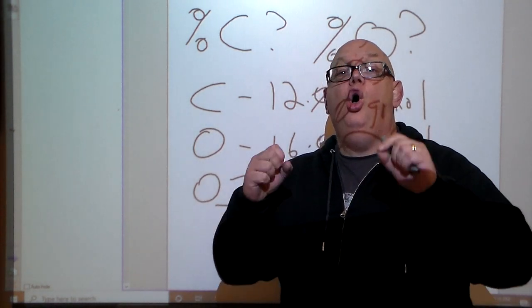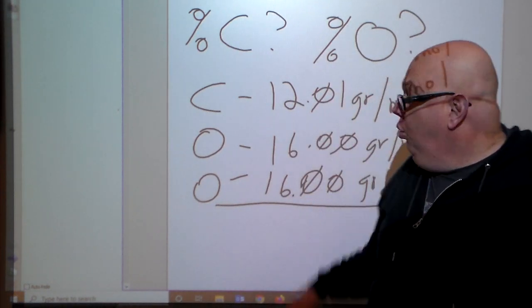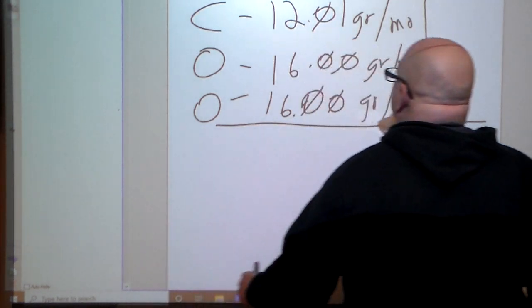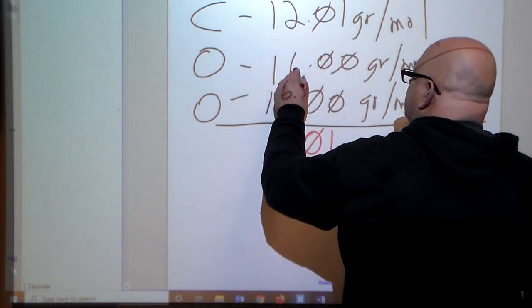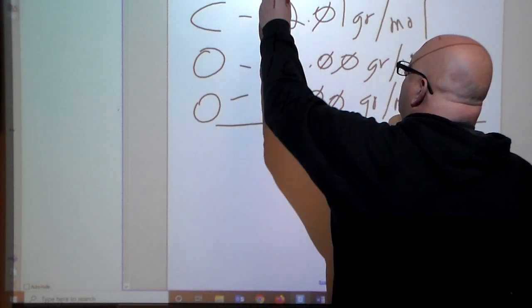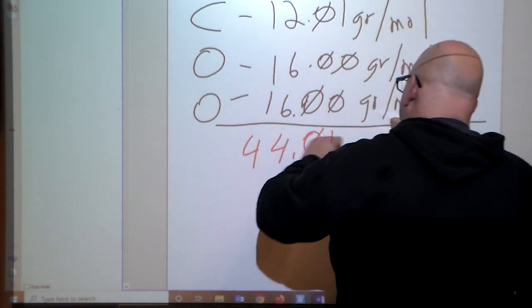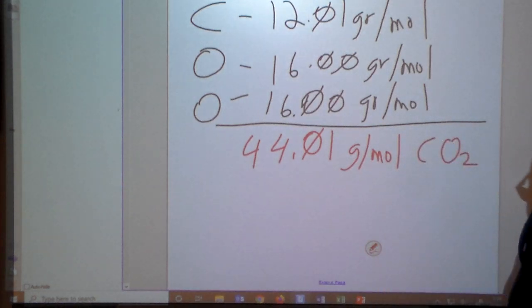What is our whole? See these? These are parts. We're going to add them up together so we can get ourselves that whole. So 44.01 grams per mole of CO2.